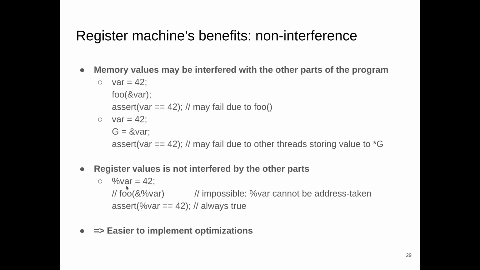No other part of the program can interfere with the value of this $var. So we can easily replace reading this register with 42. And in turn, we can completely remove this assertion from the program in the optimizations.